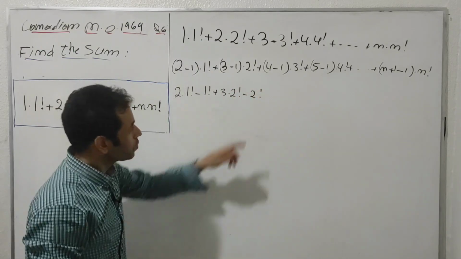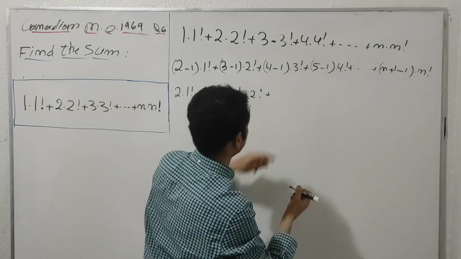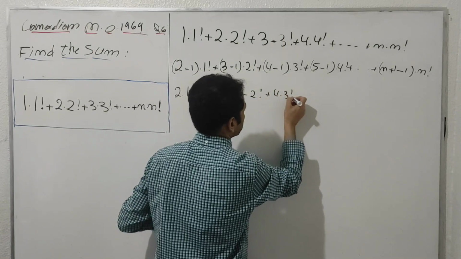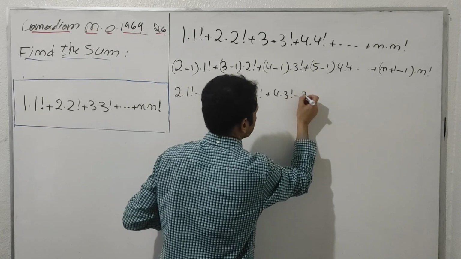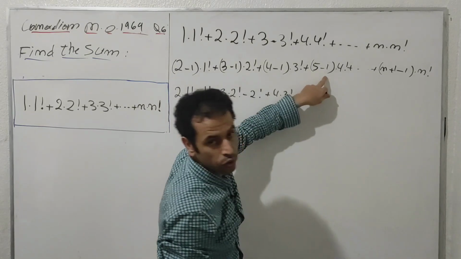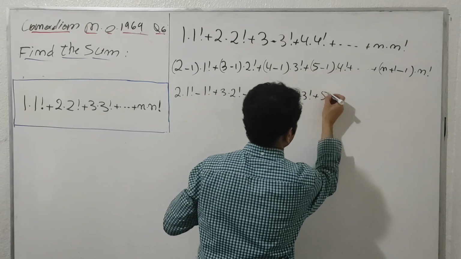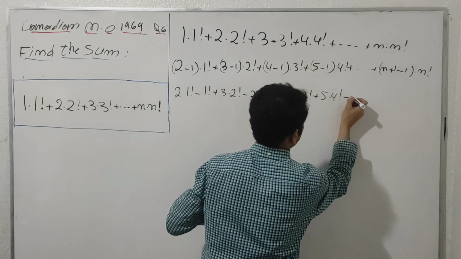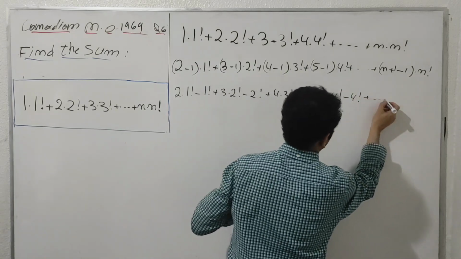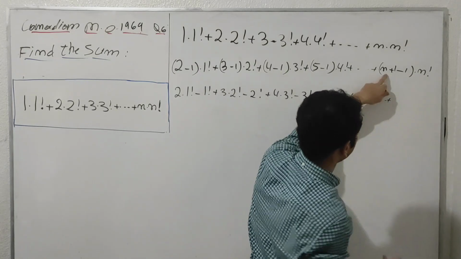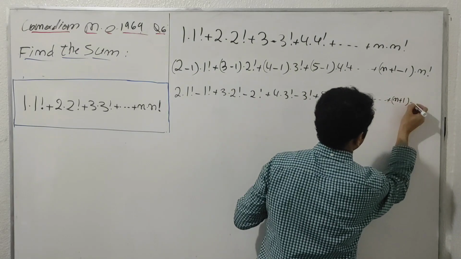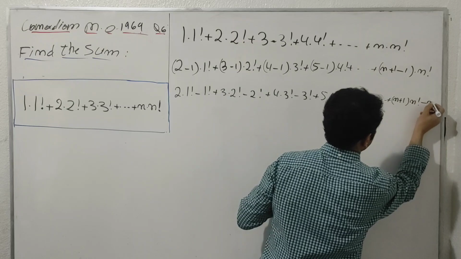Let's move on to the third term, the same job here: 4 multiplied by 3 factorial minus 3 factorial, plus the fifth term, which is 5 multiplied by 4 factorial minus 4 factorial, and all the way down to the last term: n plus 1 multiplied by n factorial minus n factorial.